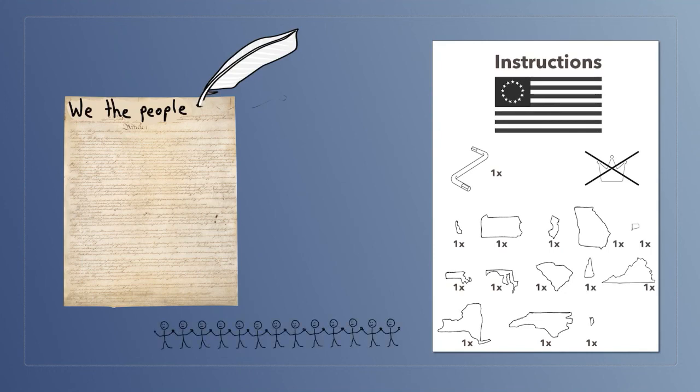That means the people that live in the United States decide how the government will work. Not a king. It's the people that decided and still do how the rules in the United States of America will be made and how we will live by those rules.